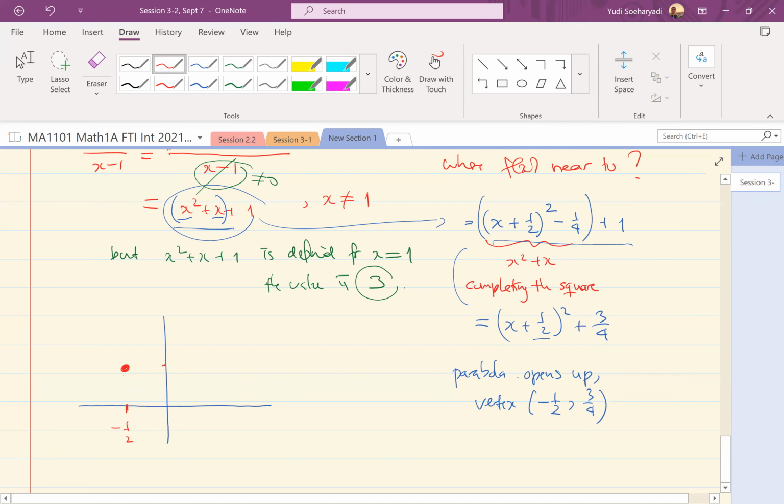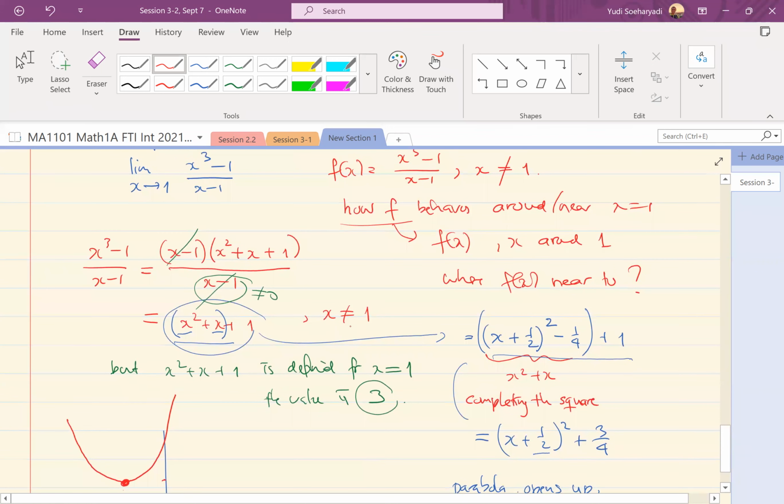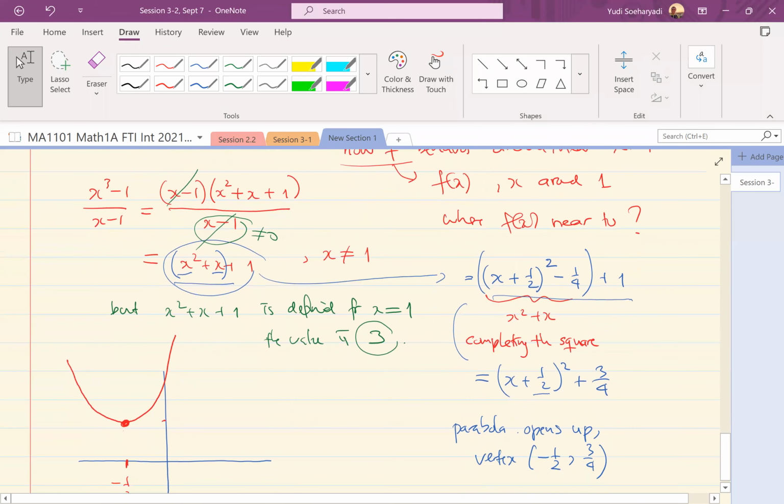So that's the vertex. So the parabola looks like this one, right from there. Okay, and the thing here, except at x equals 1. So, not good. This is x equals 1, which is, well, just say something like this. Here, you have a hole there.